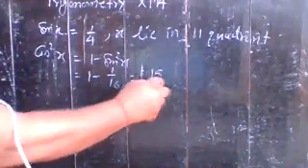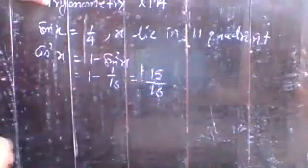So here you have sine x equal to 1 by 4 and x lying in the second quadrant. You find the value of cos. Cos square x is equal to 1 minus sine square x. Putting its value, 1 minus 1 by 16, which is 15 by 16. So cos square x is equal to 15 by 16.